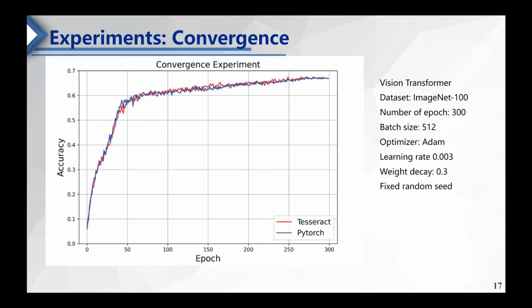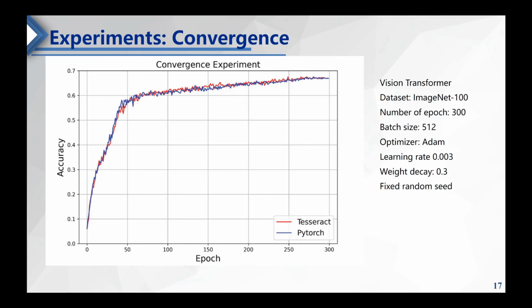As shown in the figure, we compared the accuracy results of a Gaussian transformer model with the same parameters on different GPU settings. In this Gaussian transformer model, the number of epochs is 300, batch size is 512, Adam is used as the optimizer, and the learning rate is 0.003 with a weight decay of 0.3.